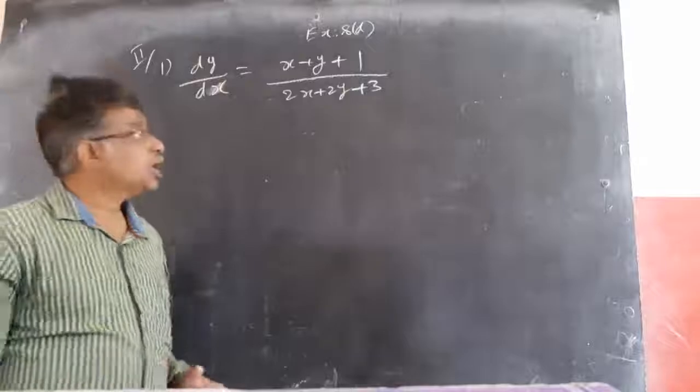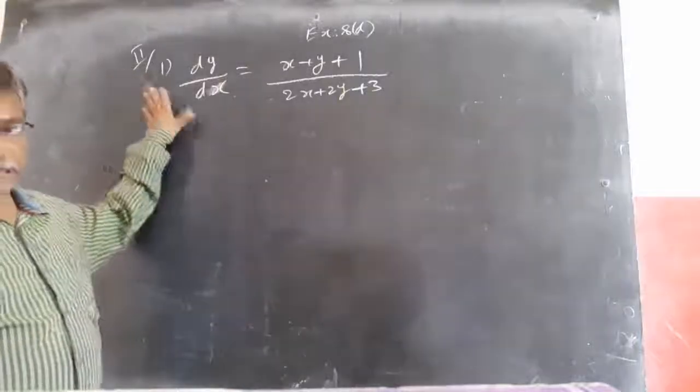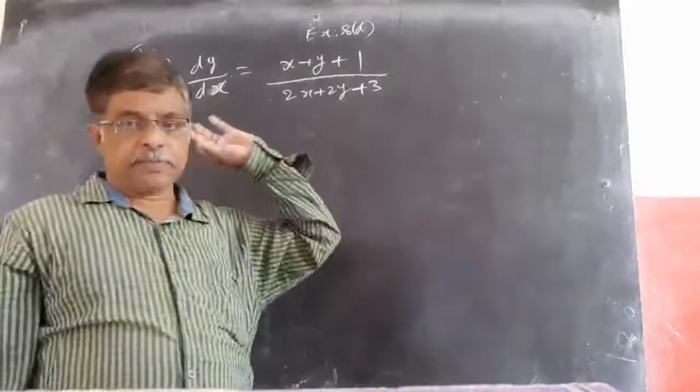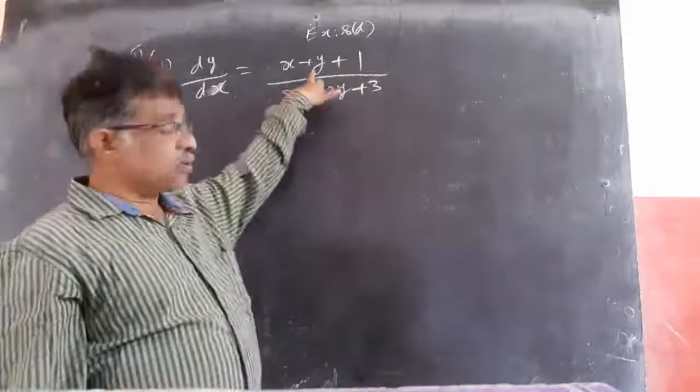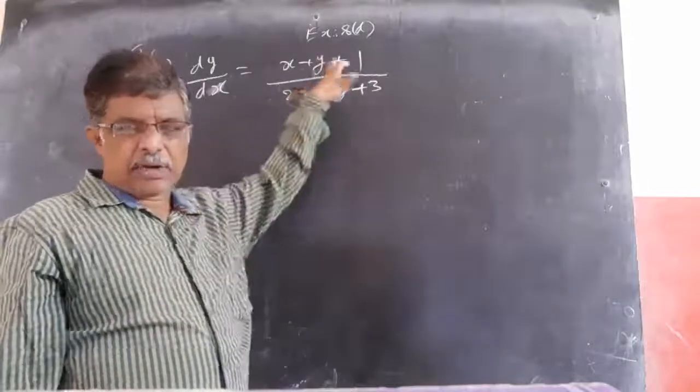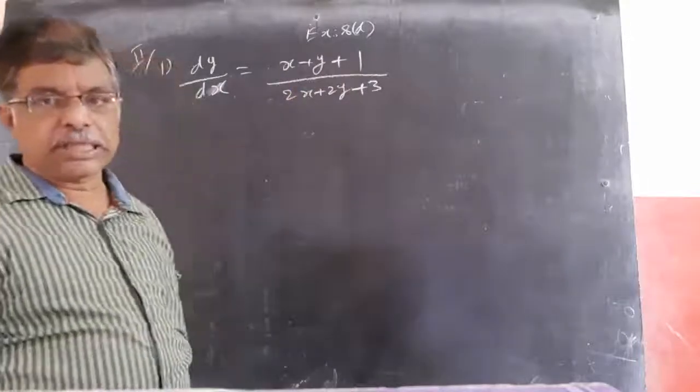Next one, second Roman, first sum. The same, if you observe here, a2 is not equal to minus b1, then how to proceed?